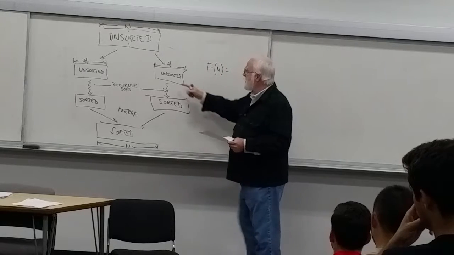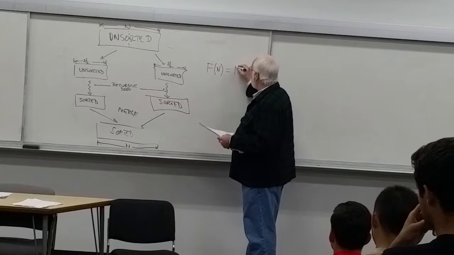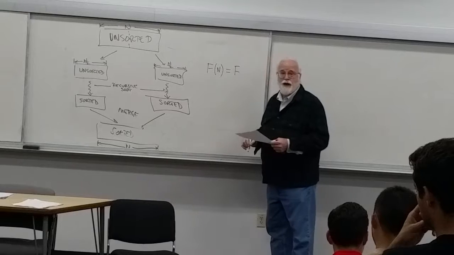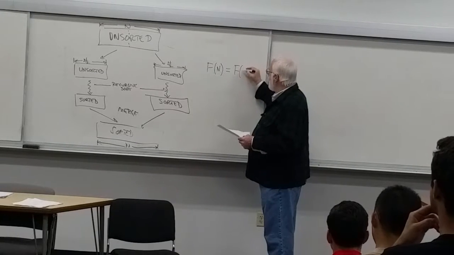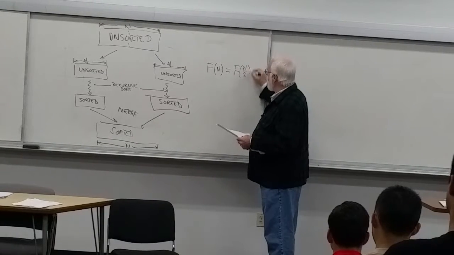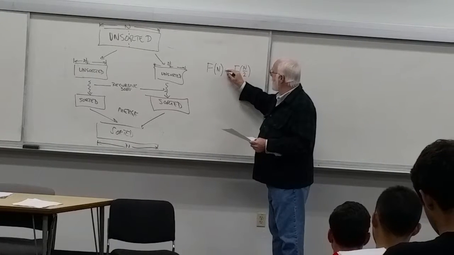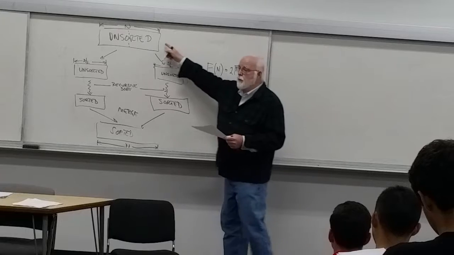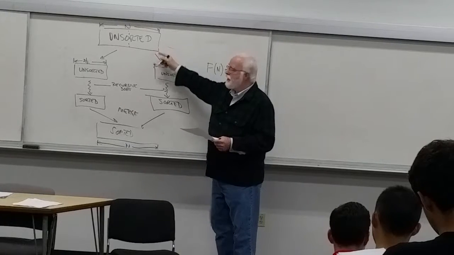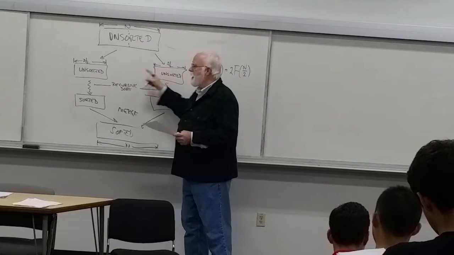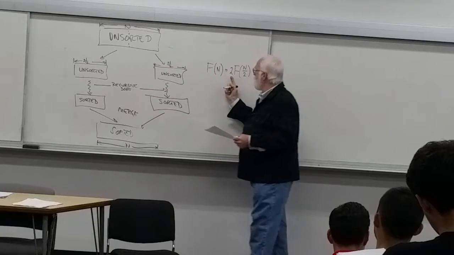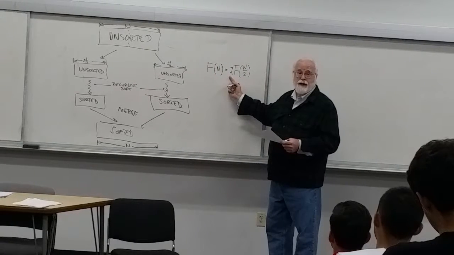So the cost to do these two merge sorts, well, I let F represent the basic operation op-count function. That's going to be F of each of the problem sizes, which is n over 2, except that I'm doing 2 of them. Okay? So the cost of doing this one is 2 times the cost of doing one that's half as big.